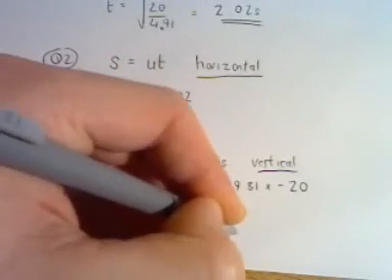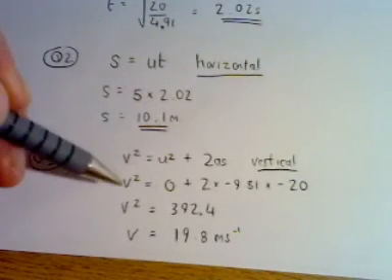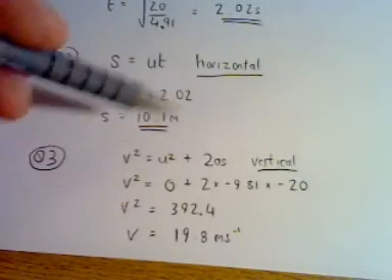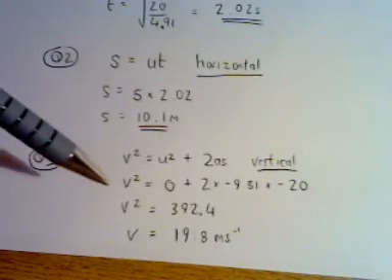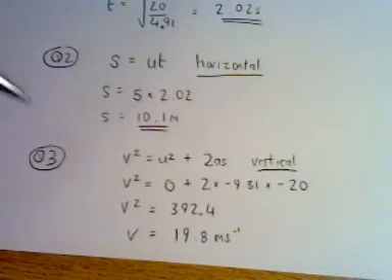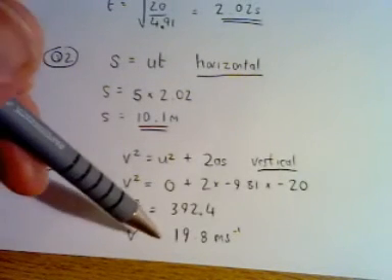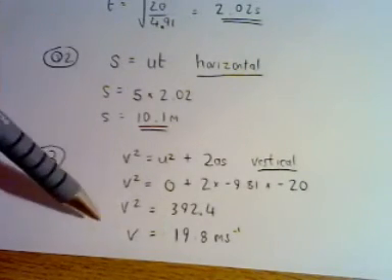19.8 meters per second. Now, you have to be careful here. With the square root, there are two possible solutions. The square root of 9 could be 3, or it could be minus 3, because 3 squared is 9, and minus 3 squared is also 9. So we've got to ask ourselves, when we square root, is this a plus or a minus velocity?